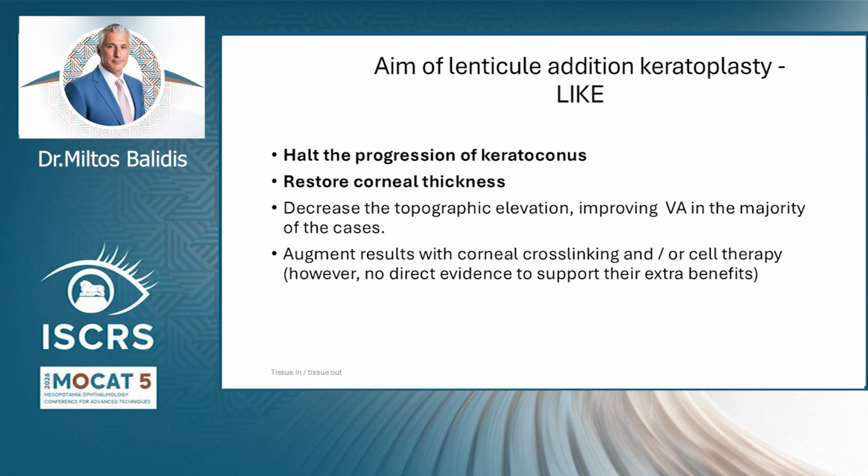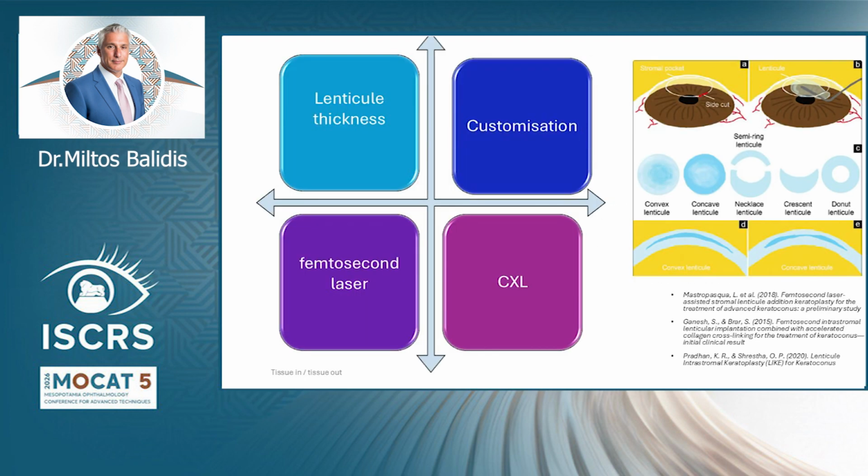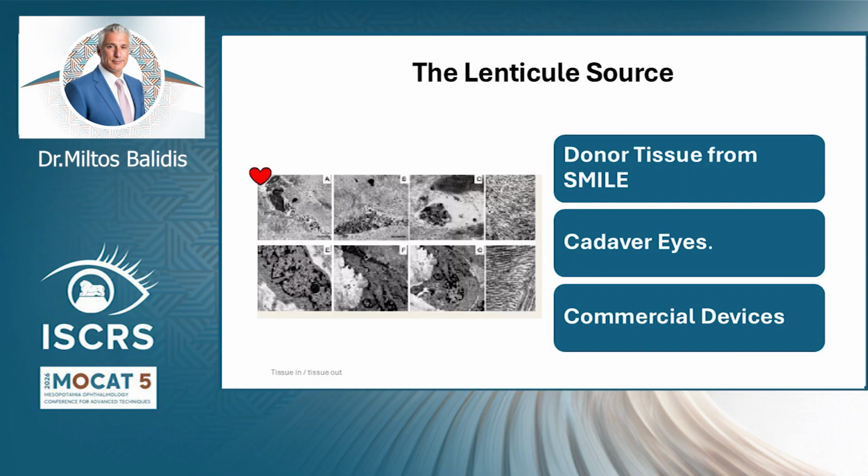And there's an extra problem, of course, which is refractive change and rejection. These are most of the problems that we had with adding a SMILE lenticule inside the cornea of keratoconus.